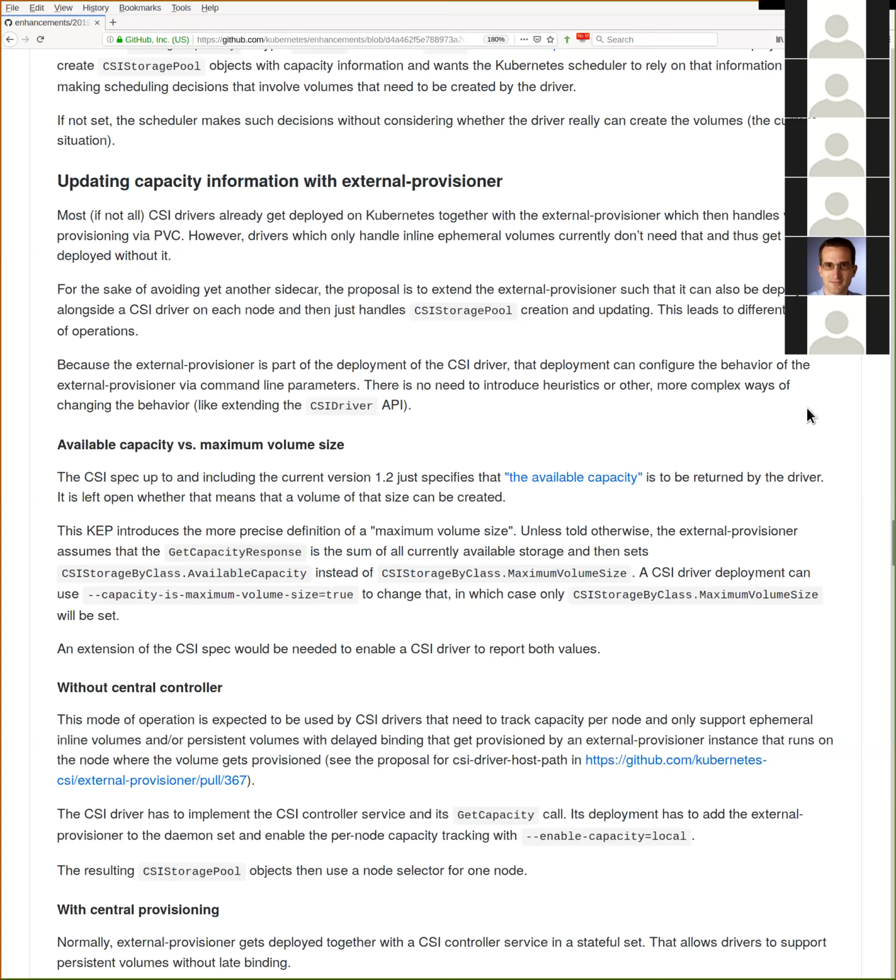So I guess we could have a get storage pool concept or something. Can you talk about what you think that would look like? Well, I guess the underlying idea must be that the CSI driver needs to enumerate or list all of the storage pools that it has.